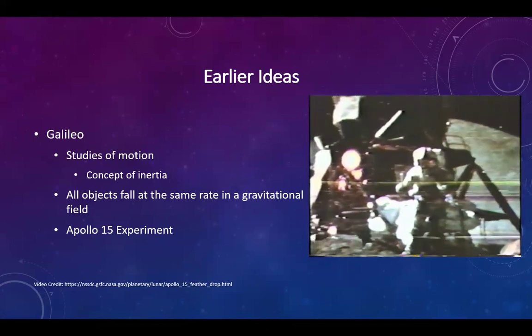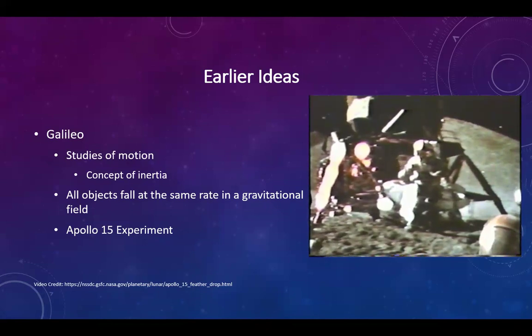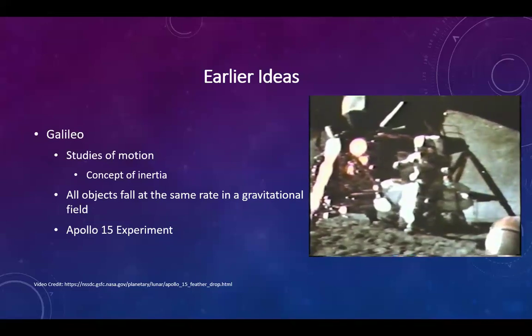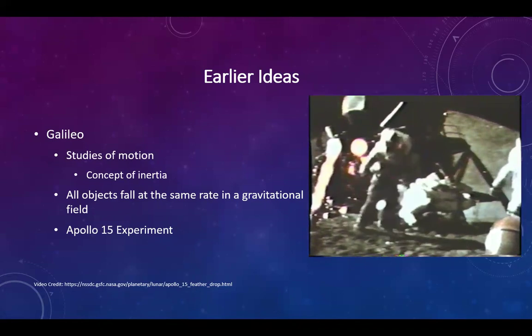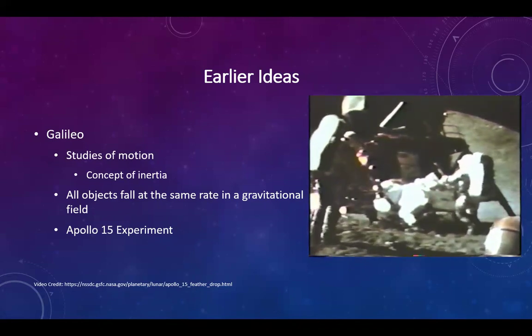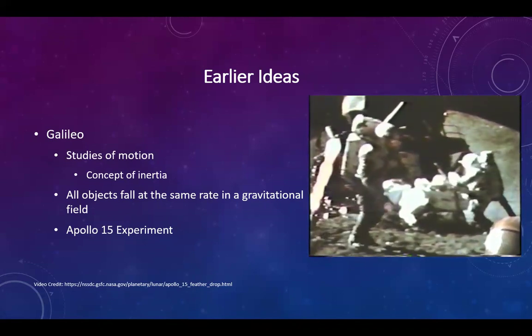The feather happens to be appropriately a falcon feather for our Falcon. And I'll drop the two of them here, and hopefully they'll hit the ground at the same time. How about that? Which proves that Mr. Galileo was correct in his findings. Superb.